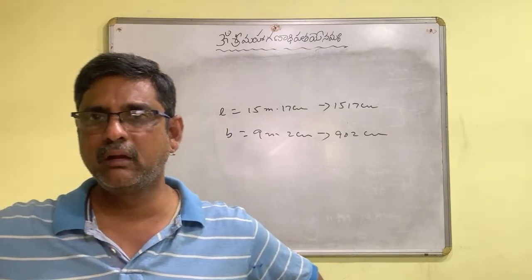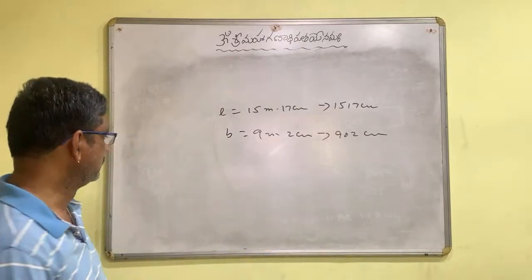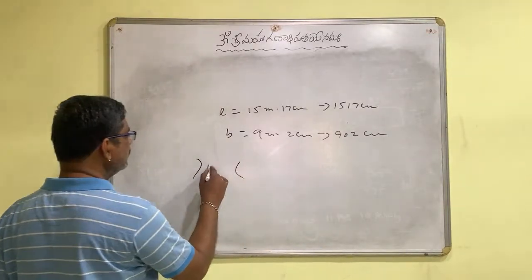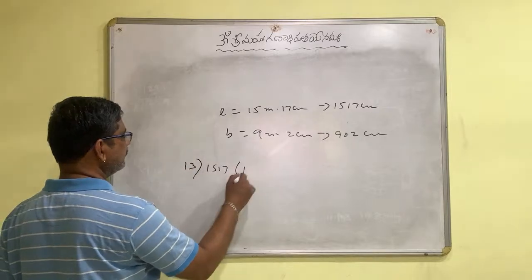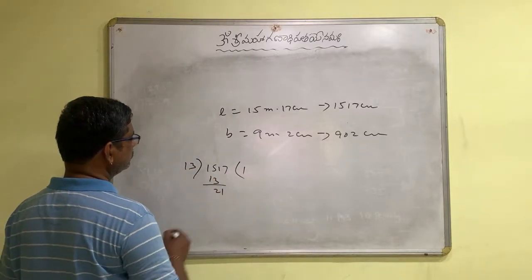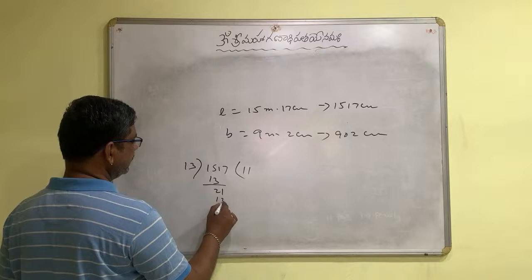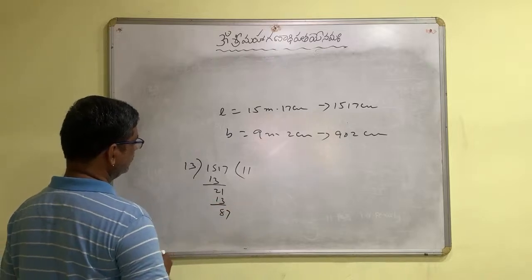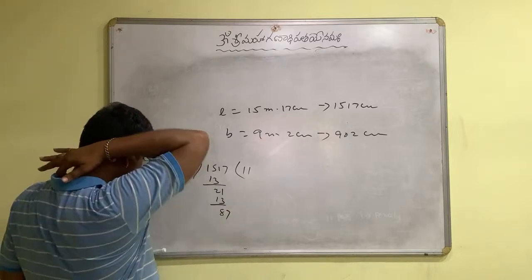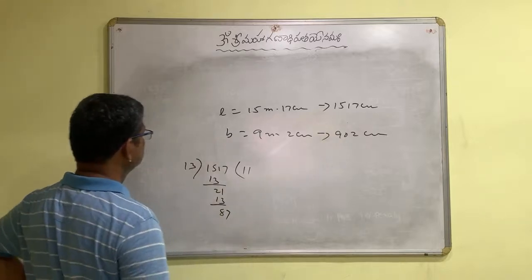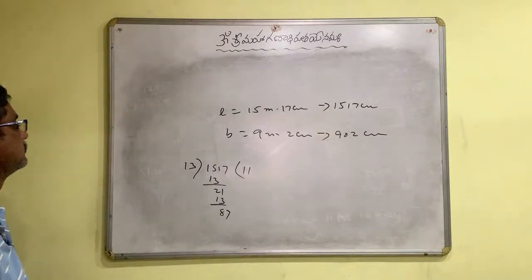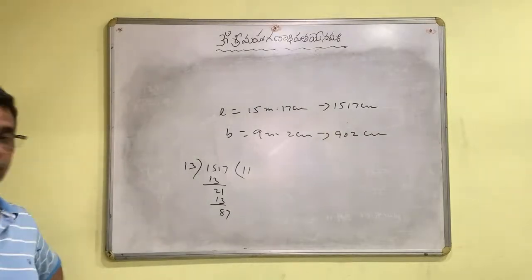See, 13 table: 13 ones are 13, 13 threes are 39. No.